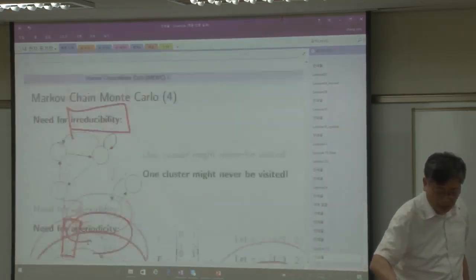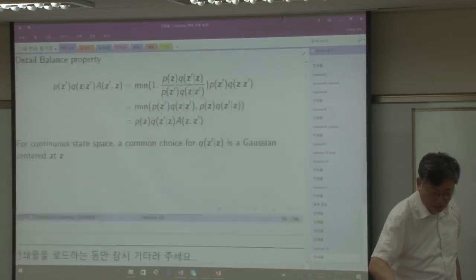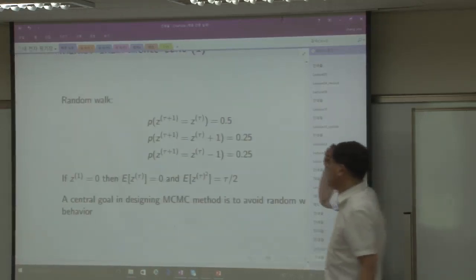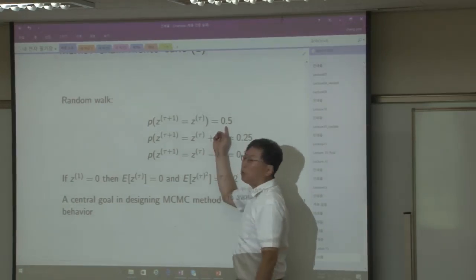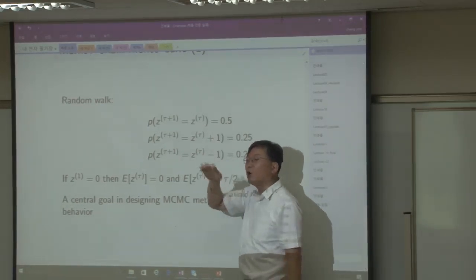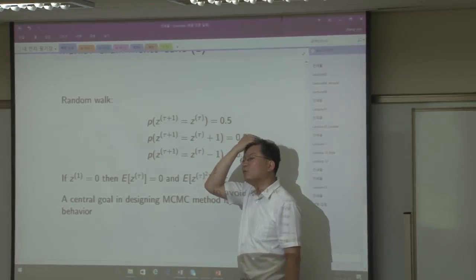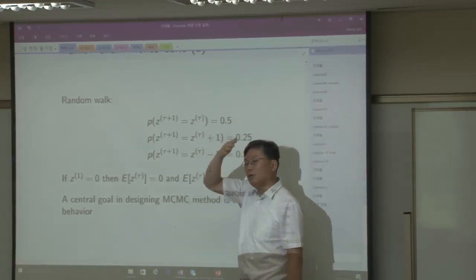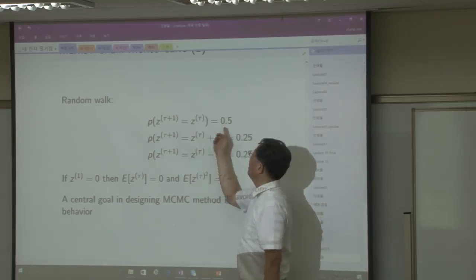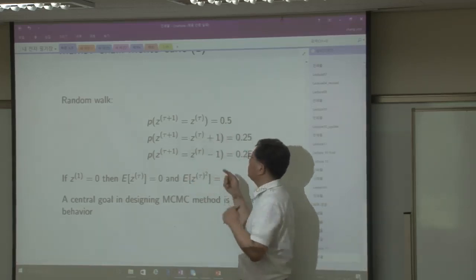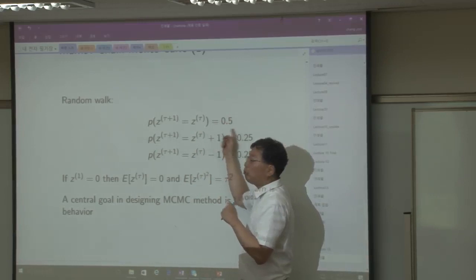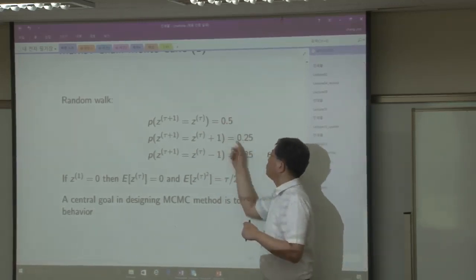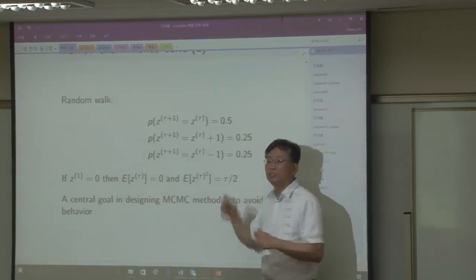And on the next slide, which is also in the book, let's say I'm doing a random walk without considering P, the distribution that I'm trying to sample. Let's say I stay where I am with 0.5, transition to the right with 0.25, left with 0.25.